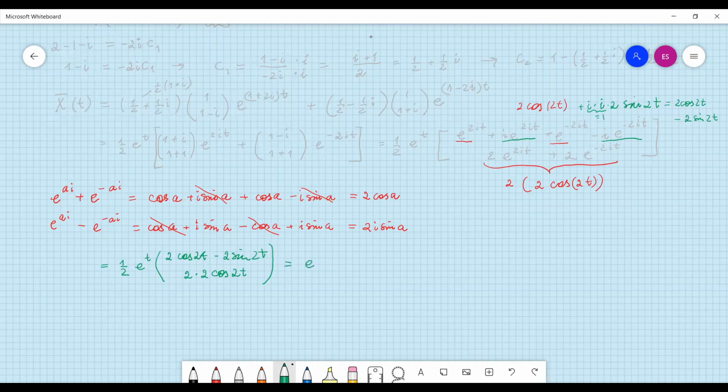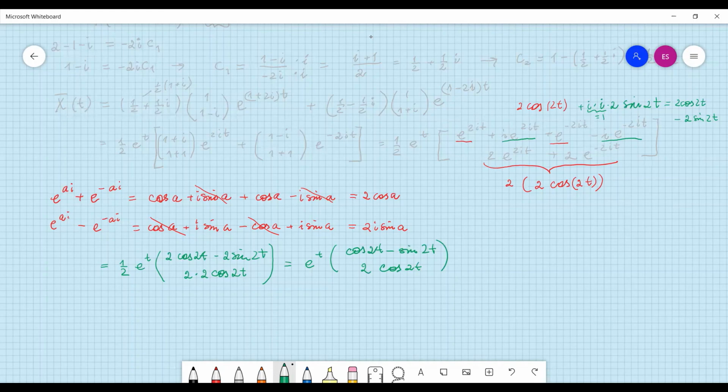So I'm going to have e to the power of t times cosine of 2t minus sine of 2t. And here 1, 2 is going to be taken out, but the second one is going to stay 2 cosine of 2t. Well, that's my simplified solution. Do you see that the solution is real? Now it's time to compare it to what we had before.